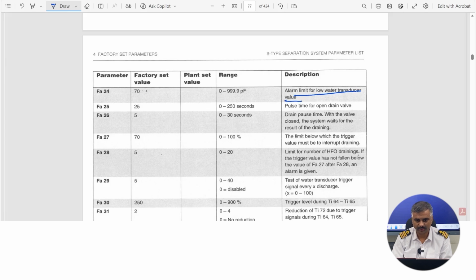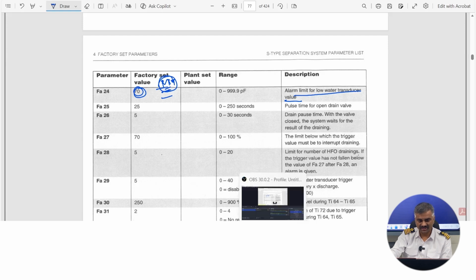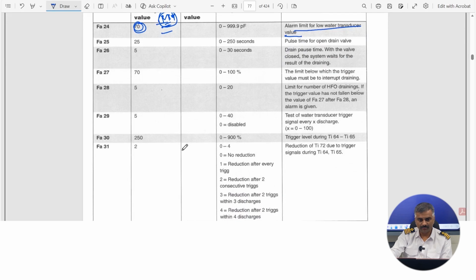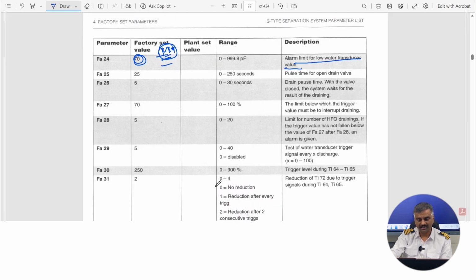If it is showing below 70 picofarad, that means there is nothing in the line, in the PT4 in the MT50. Either the line is dry, or the alarm is false, or the sensor is dirty, or the sensor is faulty. So until this we will discuss in this section. From FA25 onward we will continue in the next lecture.